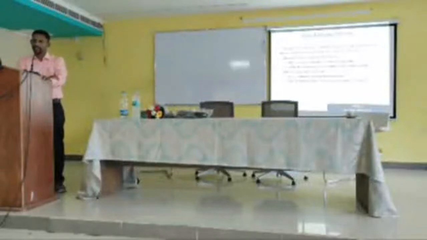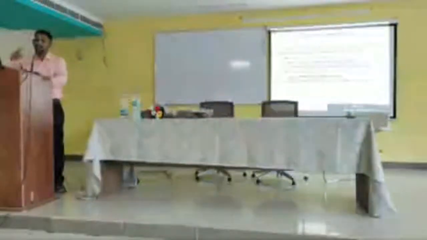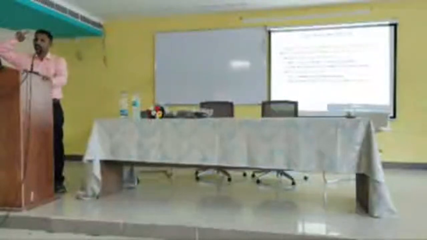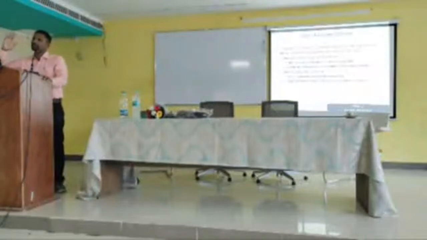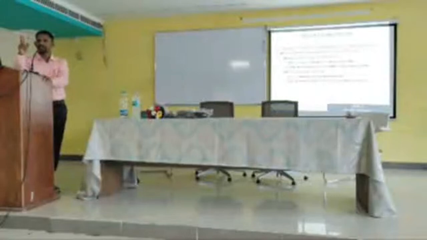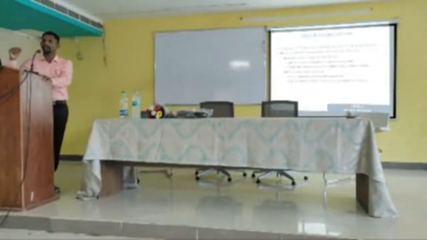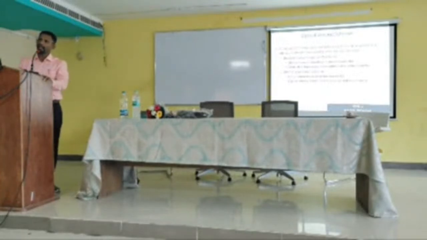If the refractive index is varied, the output will be varied in two terms. One is the resonant wavelength: the operating wavelength will be shifted either upwards or downwards. Second one, the intensity will be either increased or decreased.